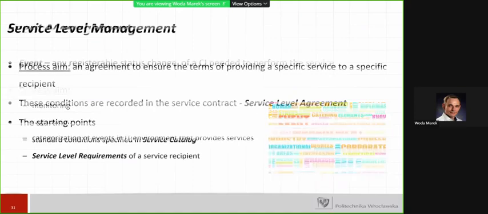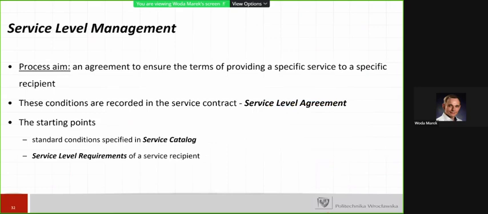And finally, we are reaching service level management, which we'll be discussing to a broader extent at the next meeting. Service level management aims to provide mutual understanding between the service provider and the recipient of the service: what are the obligations on one side and the other, and to try to meet them.